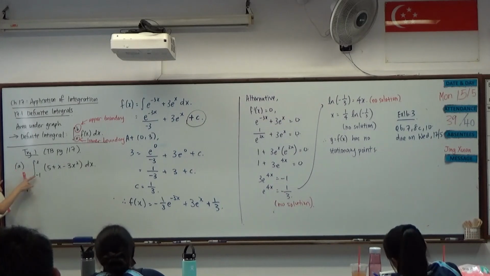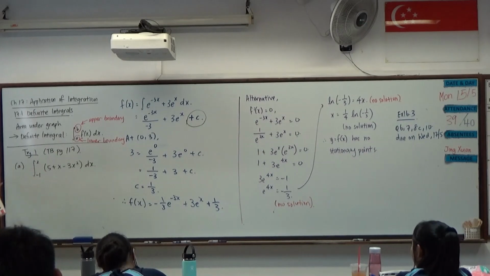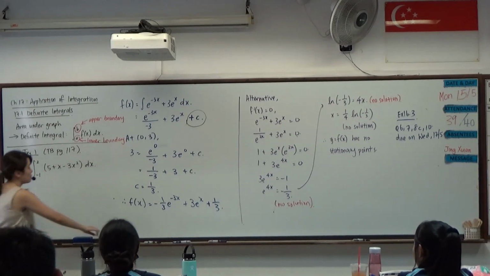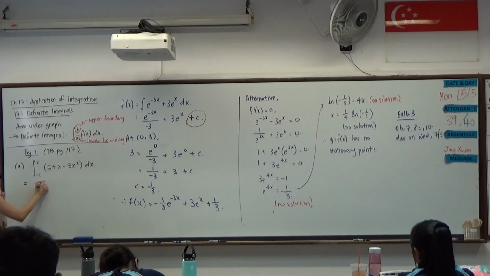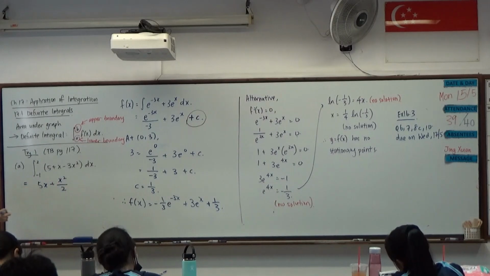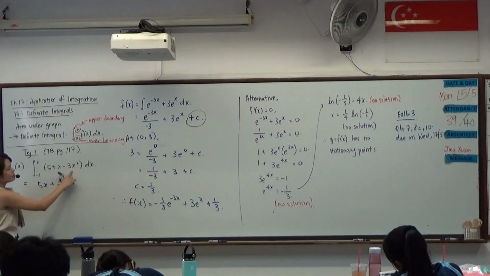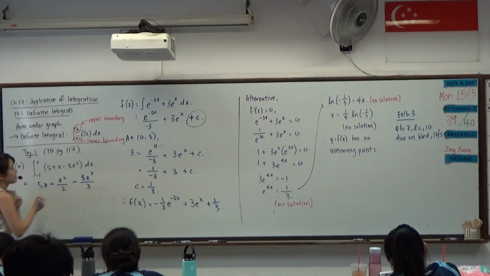So in part A, let's say we're given this example. We're trying to integrate from -1 to 2. That's how we read it. Integrating this function, we will integrate as per normal. Integrating 5 will give us 5x. Integrating x will give us x squared over 2. Integrating minus 3x squared will give us minus 3x cubed over 3.